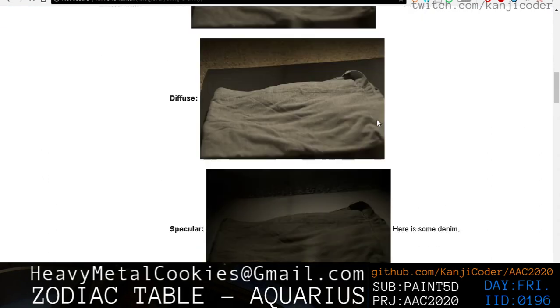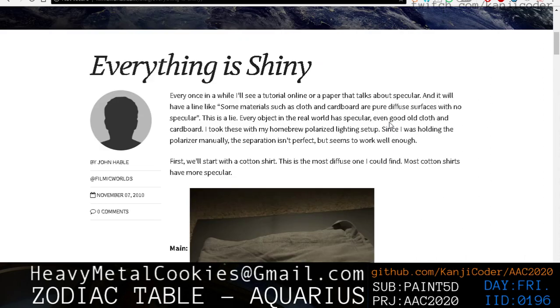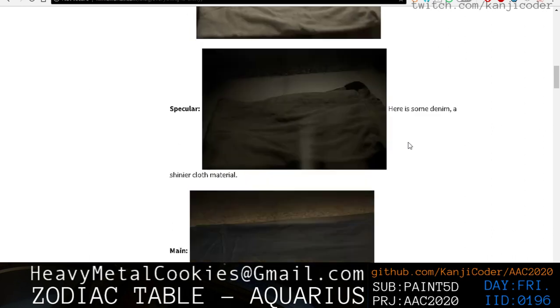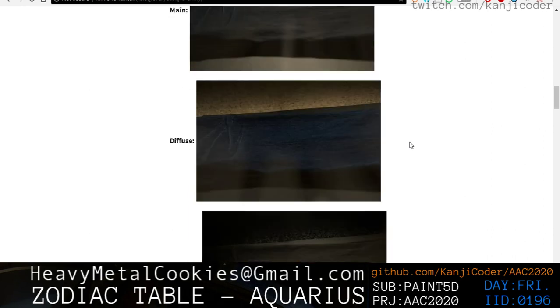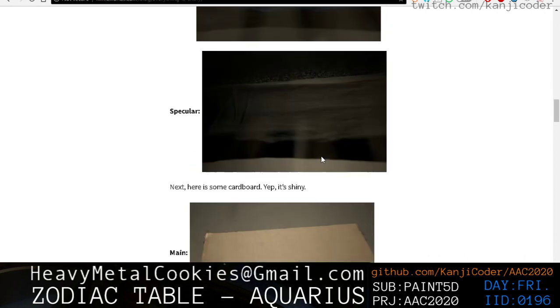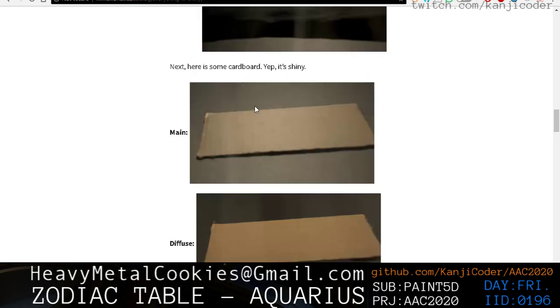They're talking about looking at different fabrics with, I believe, a polarized camera of some sort and a polarized lens to figure things out, and the main image, the diffuse, and the specular, and look how the diffuse and the specular both have a lot going on here. So, cardboard's shiny.